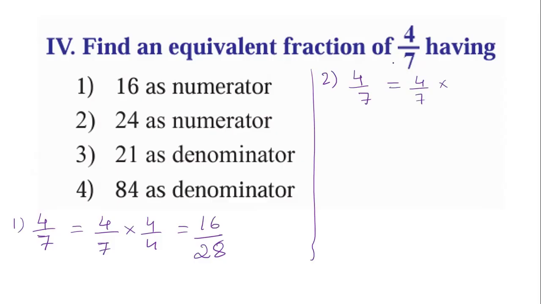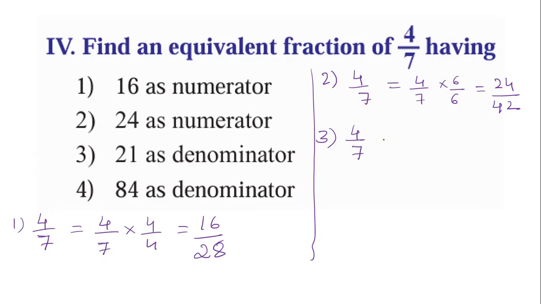If we want 24 as a numerator, multiply numerator and denominator by 6. 4 6s are 24, 7 6s are 42. This is the given fraction, and this is the required fraction.